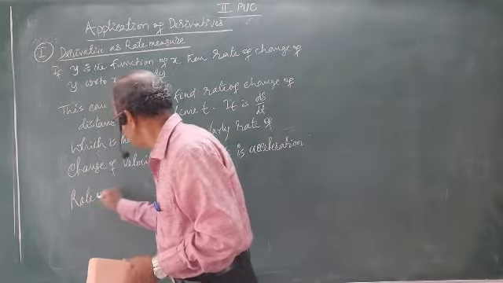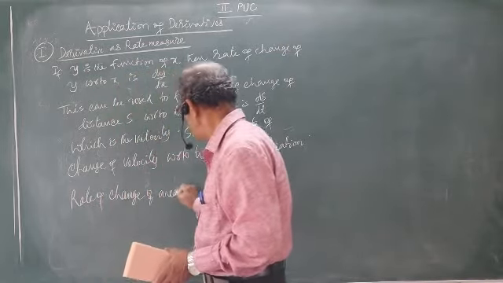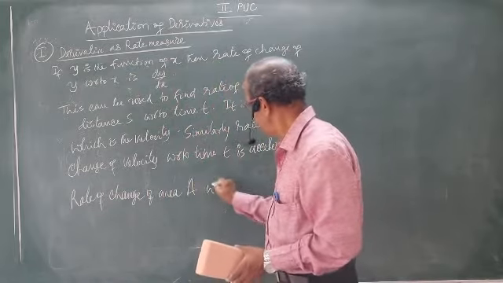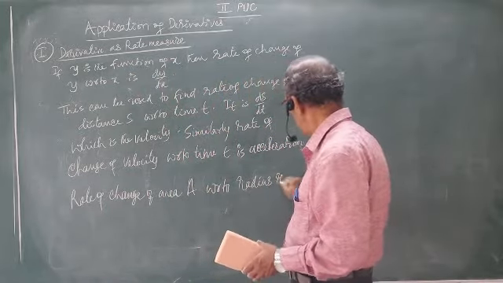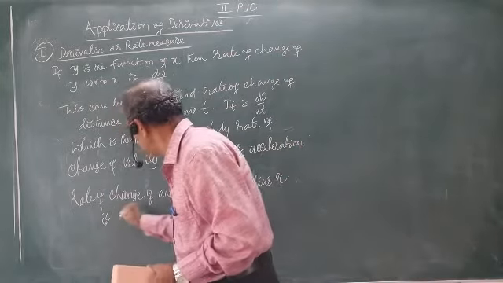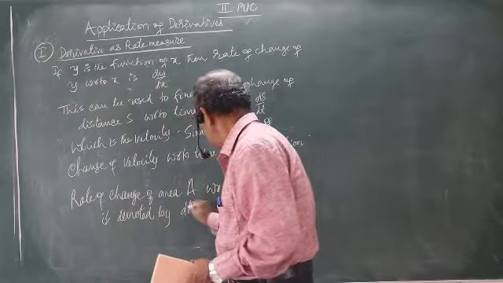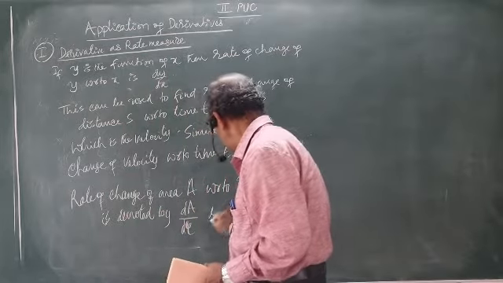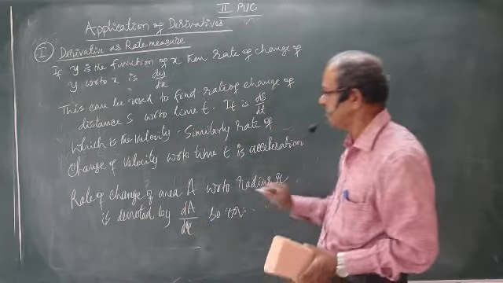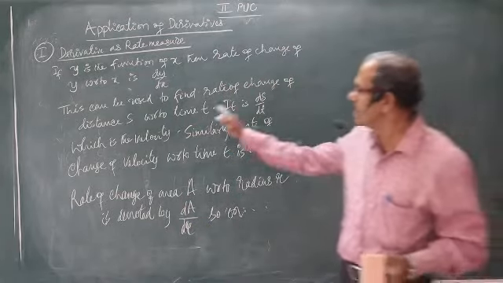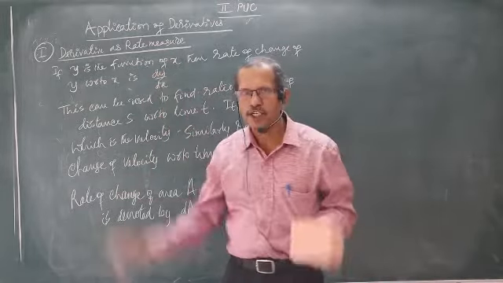Rate of change of area A with respect to radius r is denoted by dA by dr, and so on. You need not write all the things, it is enough. Total meaning is that it is the rate of change of y with respect to x.